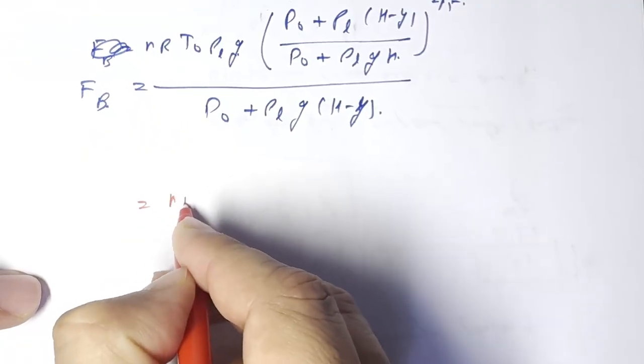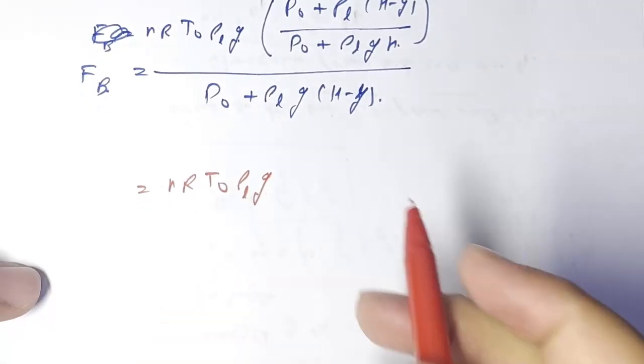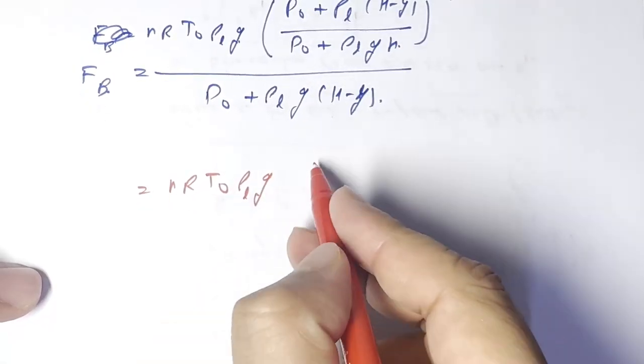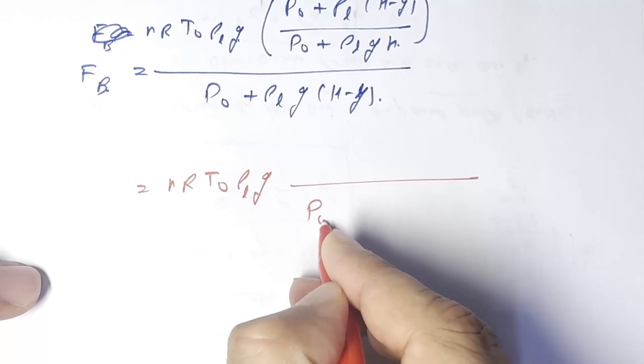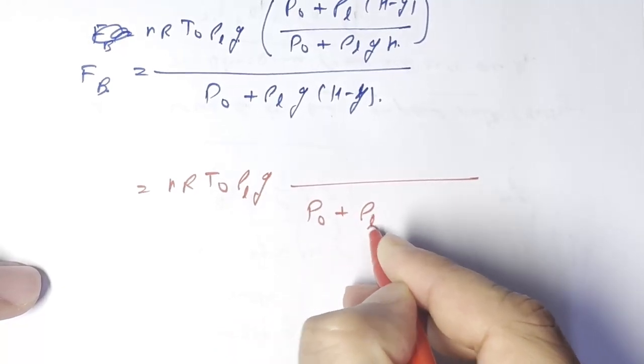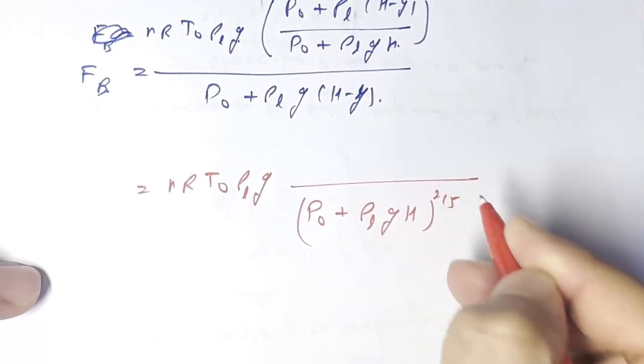This gives us nR T naught rho L g. This comes in the denominator, so this will be (P naught plus rho L g H) whole raised to the power 2 by 5.